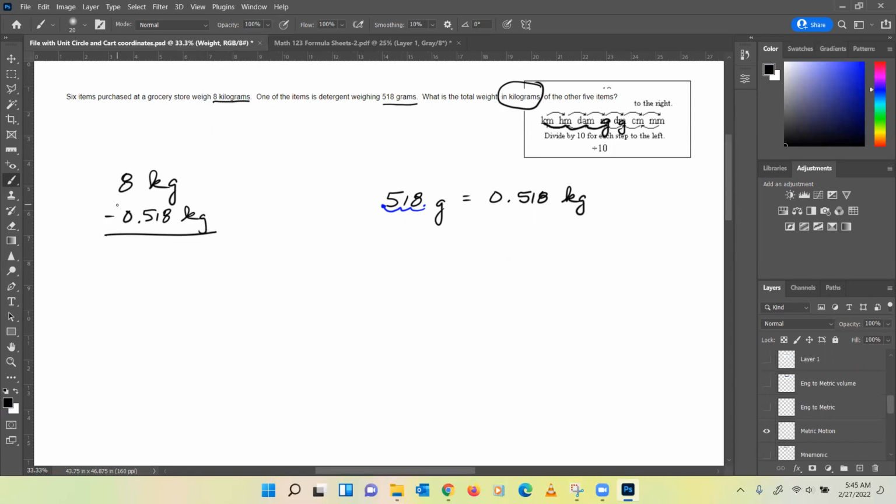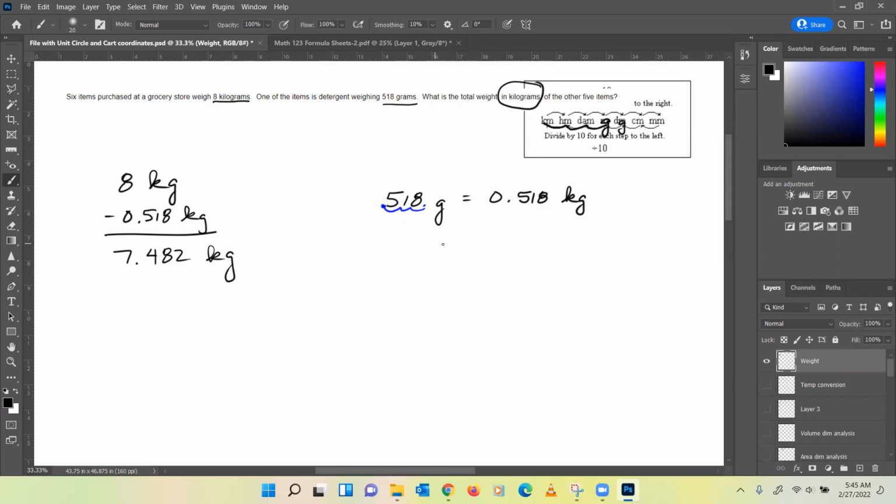So I'll just subtract that 0.518 from that, and I get 7.482 kilograms for the remaining 5 items. Notice they told me in the problem what units I needed at the end. And so keeping that in mind will really help. Now I know that I need to convert things into that unit, so it's easier to calculate.